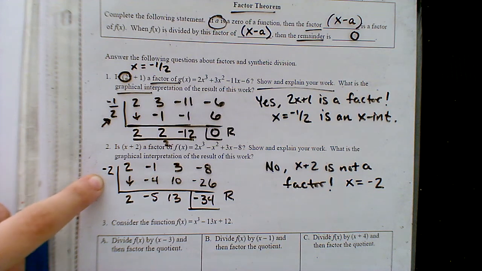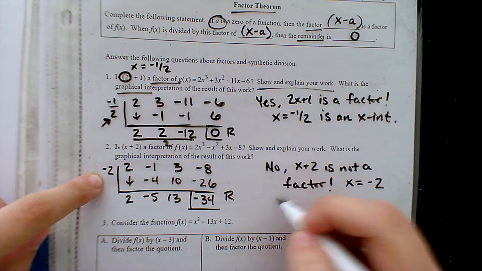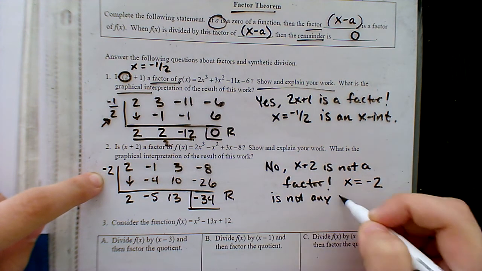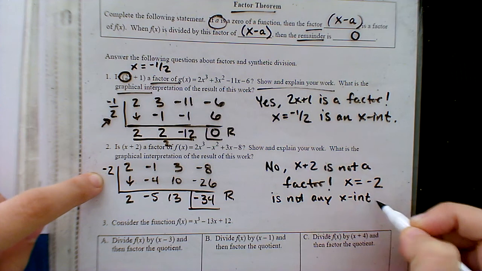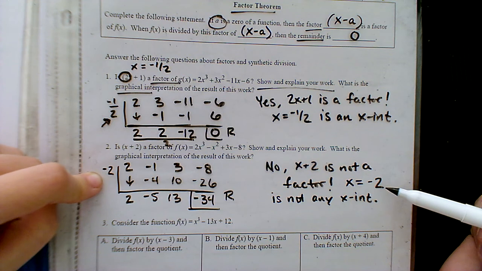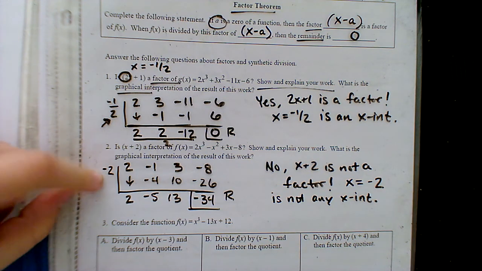Is it an x-intercept? No. Okay, so x equals negative 2 is not an x-intercept. So we know the graph is not on the x-axis at negative 2. So that must mean it's somewhere else.